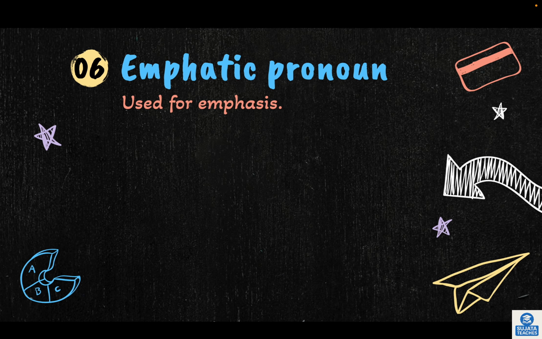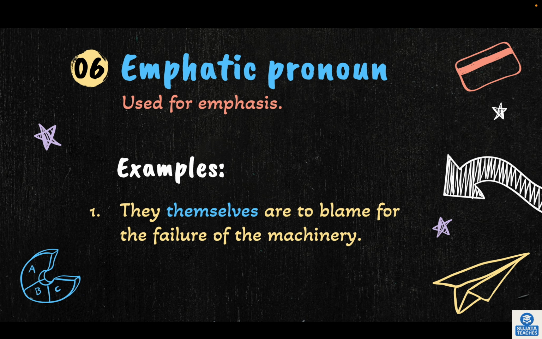Next is emphatic pronoun, used for emphasis. Examples: they themselves are to blame for the failure of the machinery. So here the word they is the subject and themselves becomes the object. So when the emphasis is on the subject, then that word becomes an emphatic pronoun.